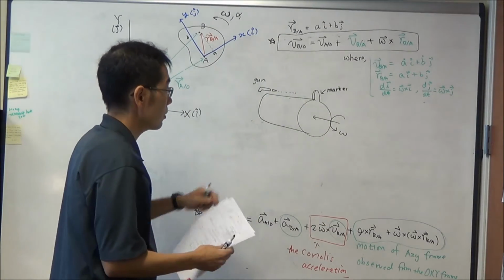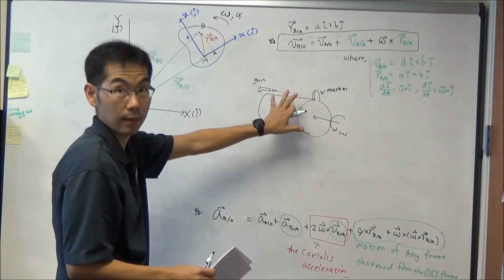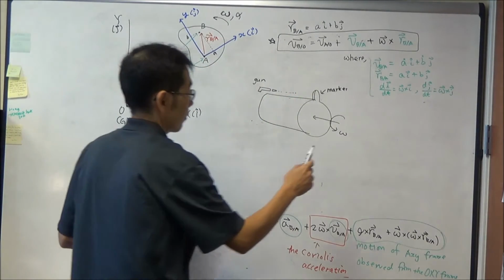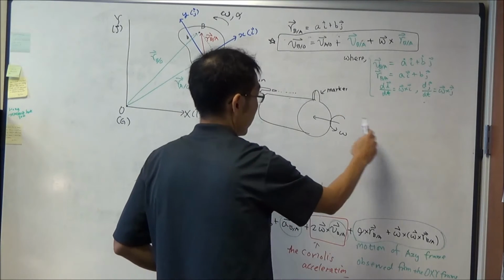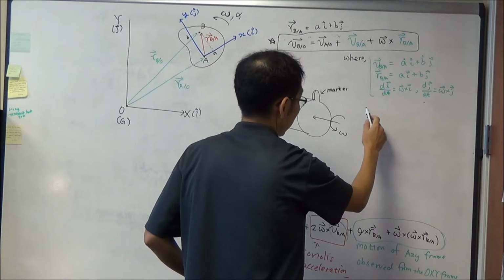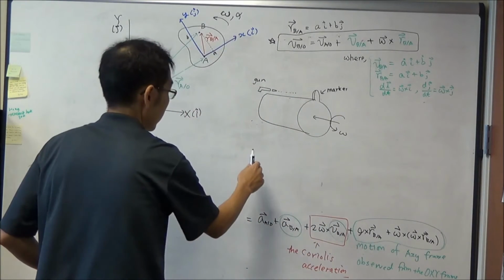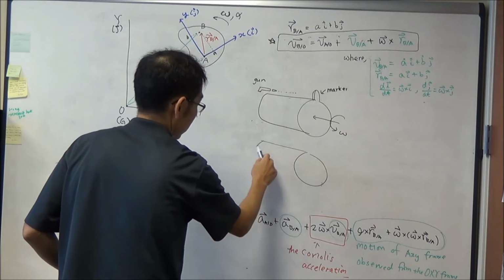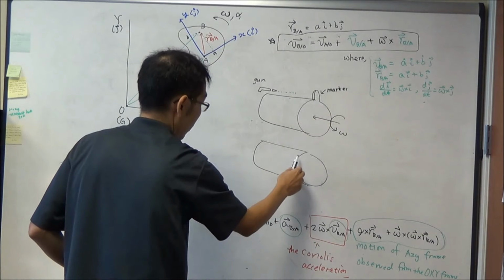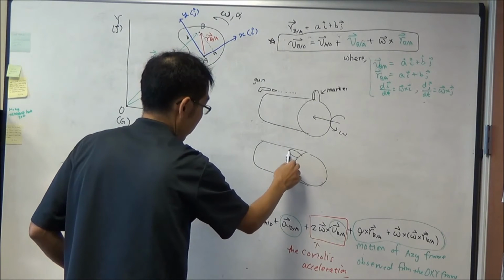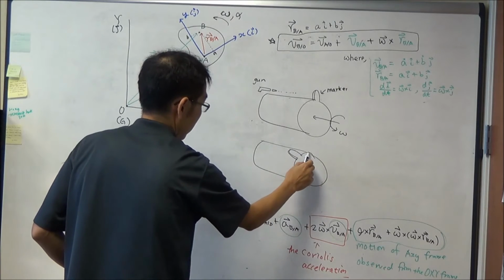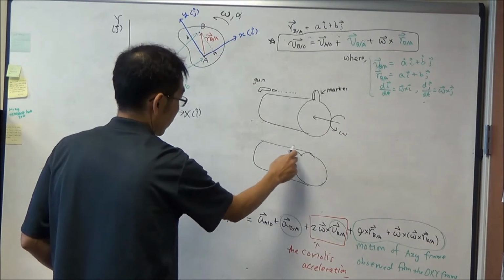But what happened? Because this cylinder is rotating, okay? So sometime later, if I just draw again, your marker or aiming thing is rotated about this much, because this is rotating.